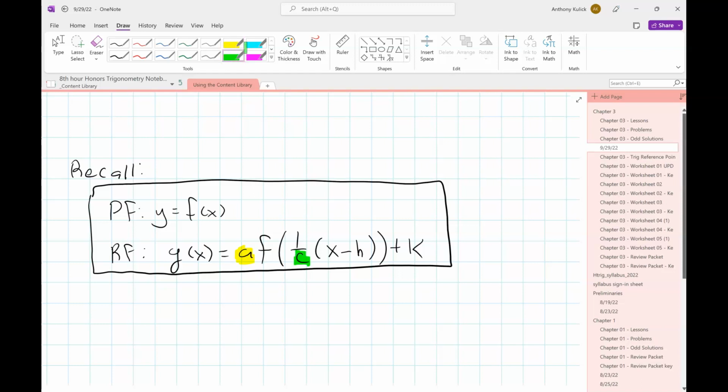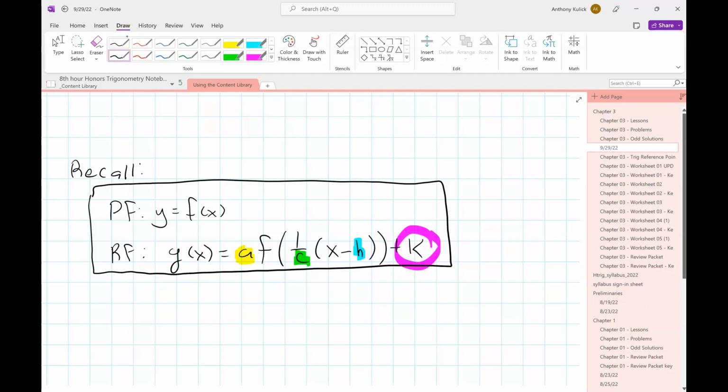What does the C do again? Flip across the y-axis or horizontal stretch or shrink. What does the H do? Shift left or right. And then what does the K do? Shift up or down. Okay, just as a reminder.